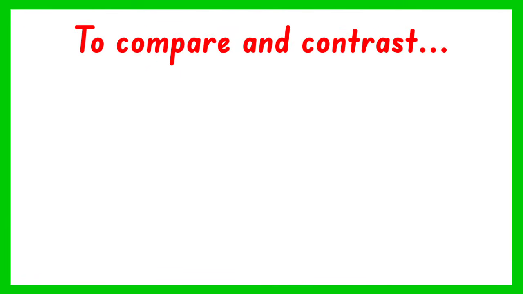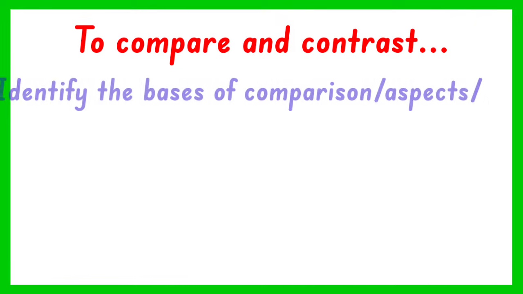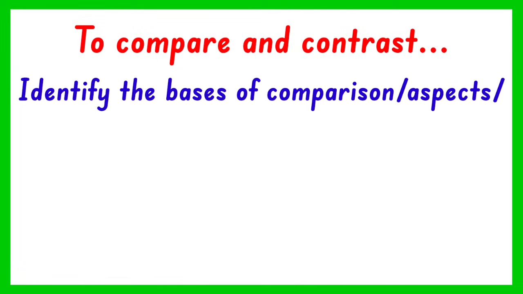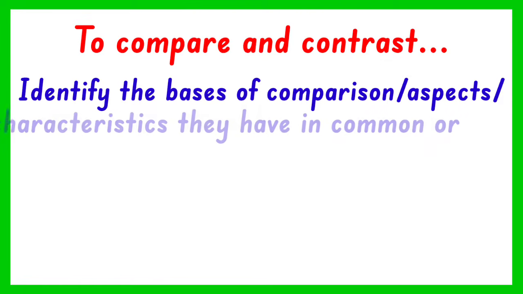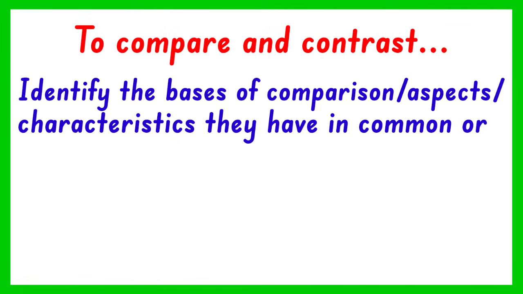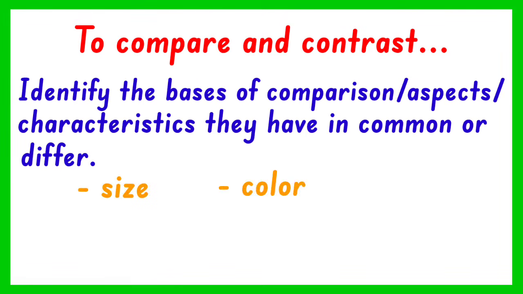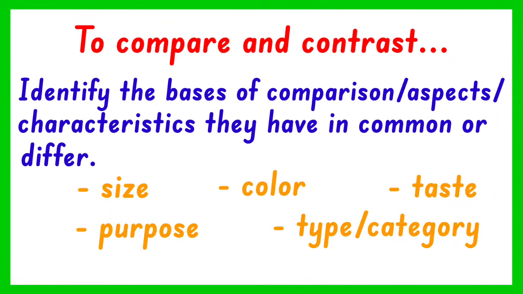For us to compare and contrast well, we have to identify the basis of comparison or the aspects or characteristics that the subjects have in common or differ. It could be their size, color, taste, purpose, type or category they belong to, and other qualities that can help us highlight their similarities and differences.